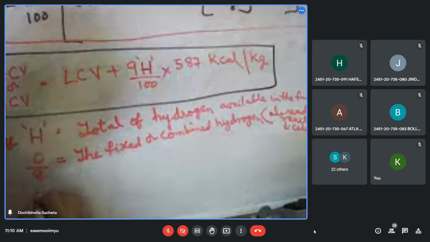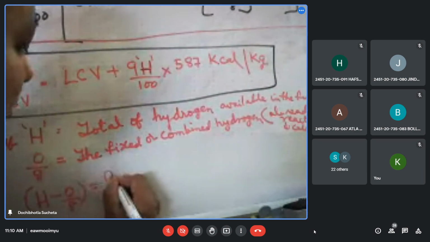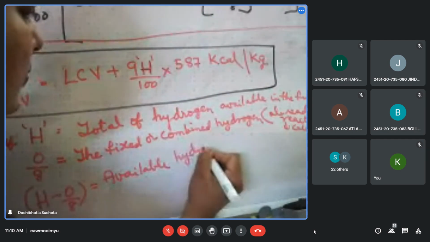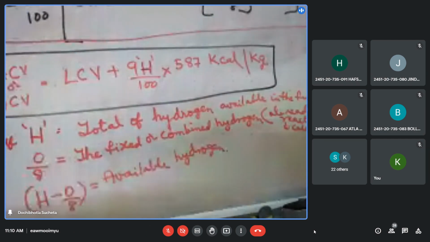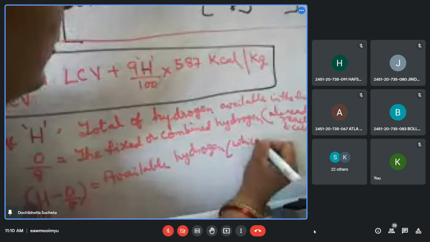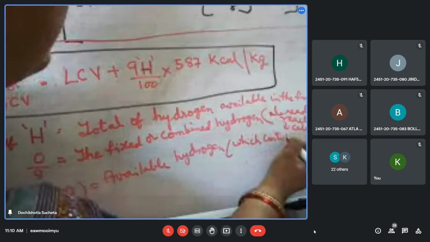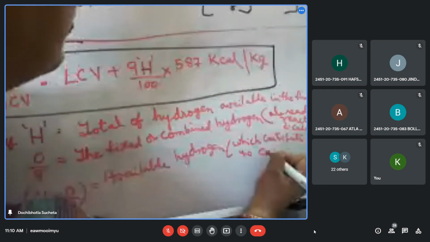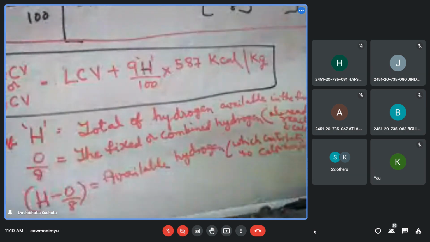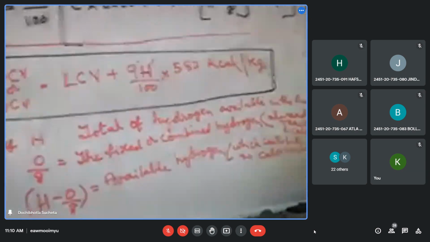So H minus O by 8 is the available hydrogen, which contributes to calorific value. Did you write this?